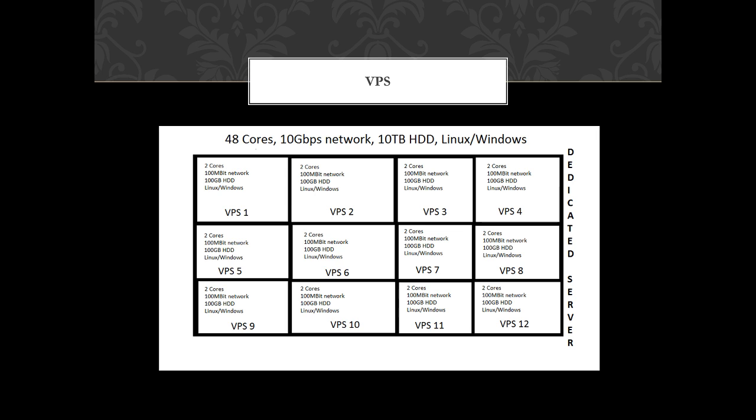The program you use to emulate these machines can dedicate some of your hardware to that box. If we give it 2 gigabytes of RAM, 100 megabit network speed and a 100 gigabyte hard drive, that's the maximum it can use. It can't use more than what you've given it, so you will still be able to use all the rest of your hardware.